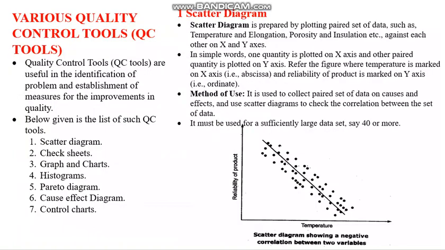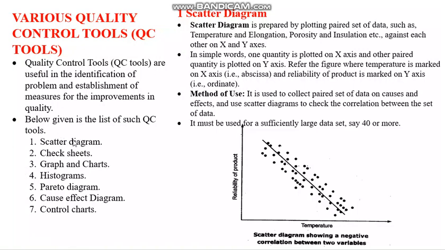Now we have finished quality circles. Let us come to the next topic, that is quality control tools. We'll see different types of quality control tools which are useful in identifying the problems of quality and establishing the right measures and improvements in quality.